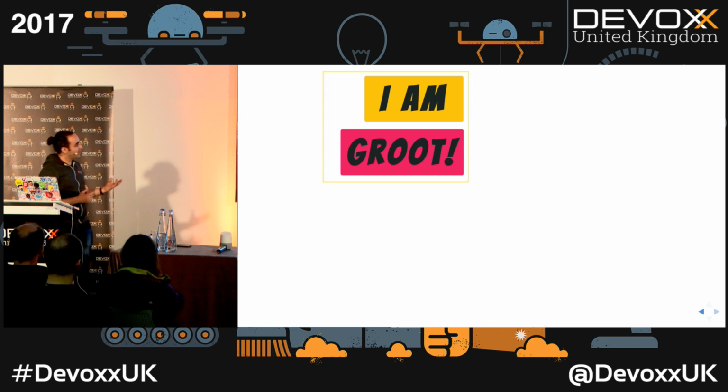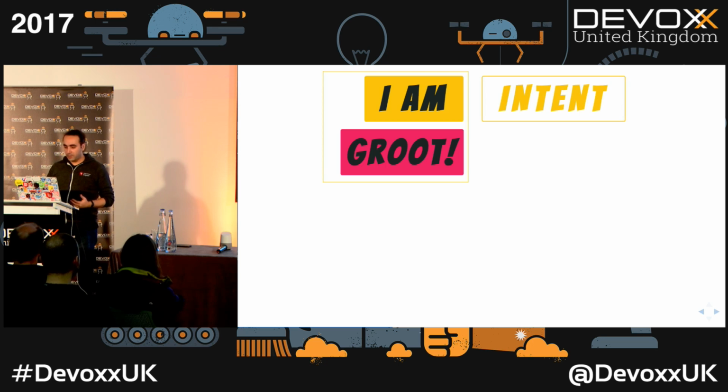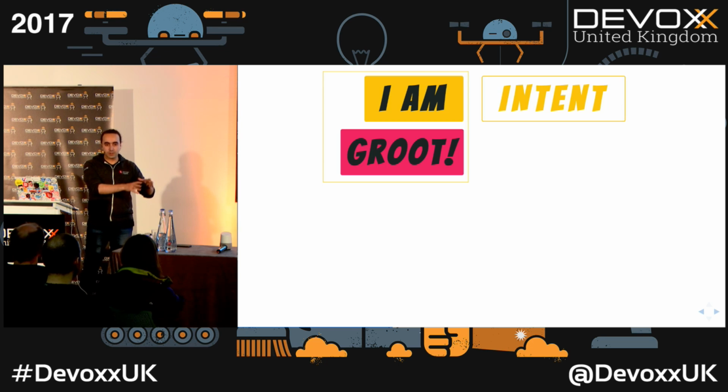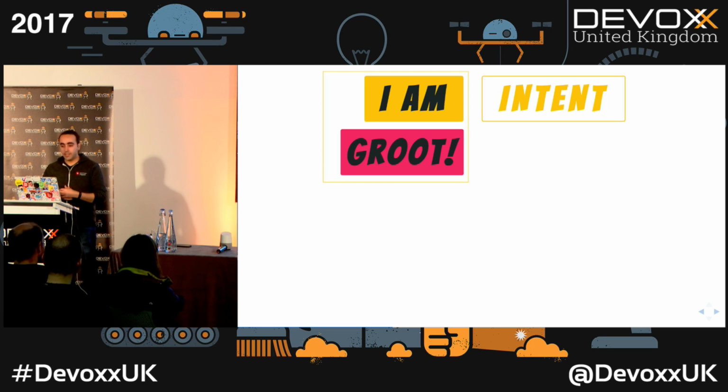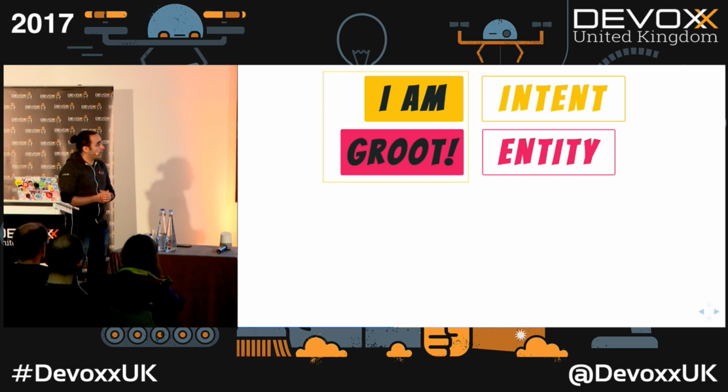When Groot says, "I am Groot," this concept in the bot world is called an intent, which is in yellow, and we can have some entities.